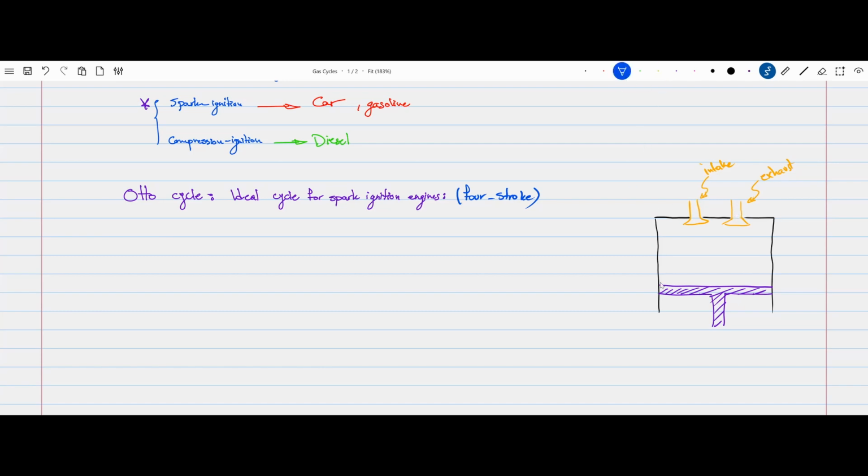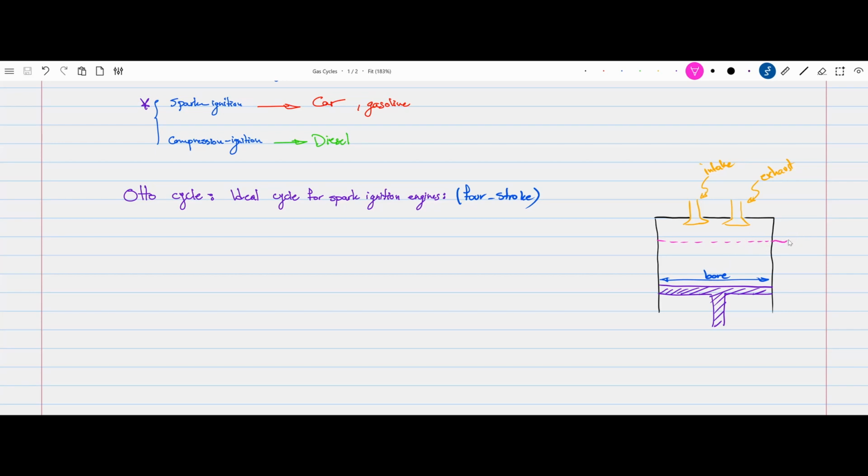Now, the diameter of the cylinder usually is referred to as the bore of the cylinder. And there is a limit to the range of motion of the piston. What I mean by that is this piston can move up all the way to maybe this point. It will not go all the way to hit the intake and exhaust valves. It can only move up all the way to the pink line.